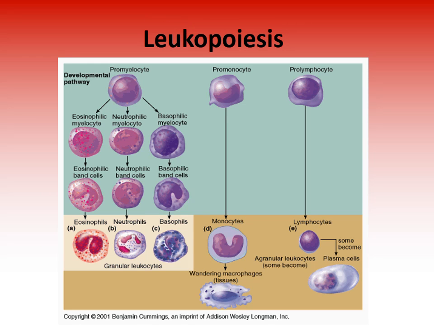So this right here is showing you leukopoiesis. You can see these 3 here are the granulocytes, and their path of production is quite different than these 2 agranulocytes.